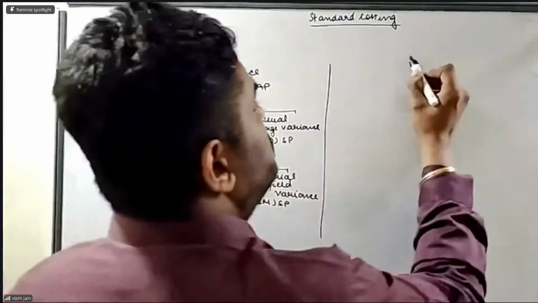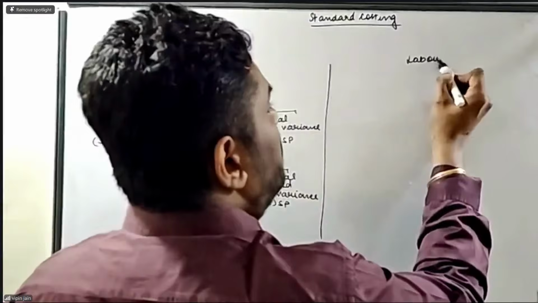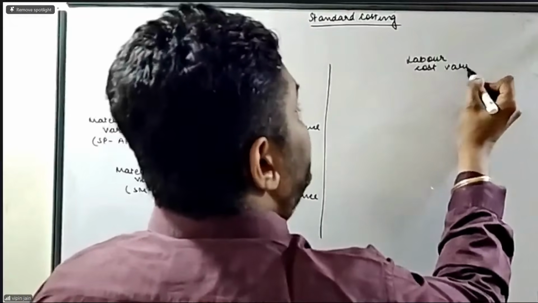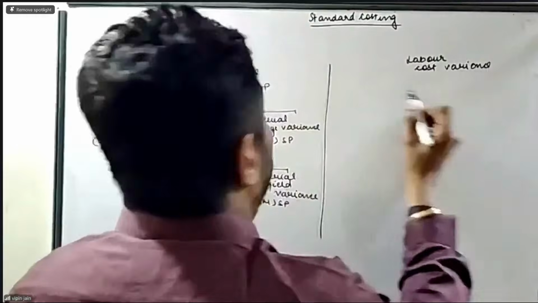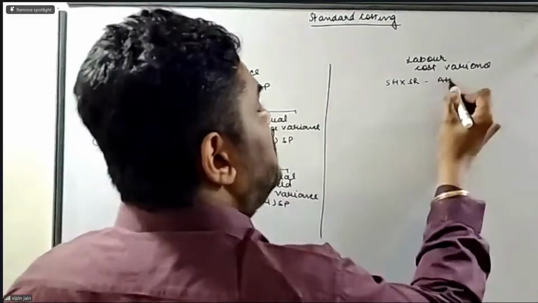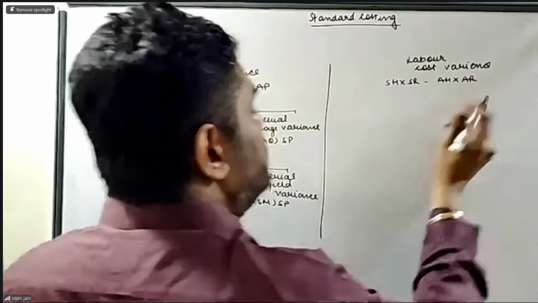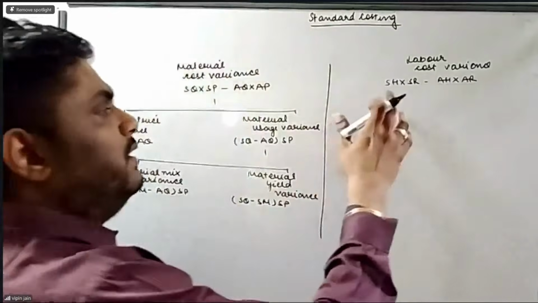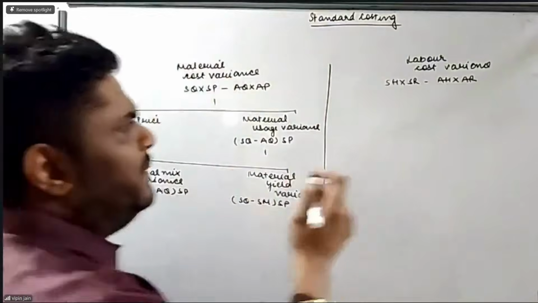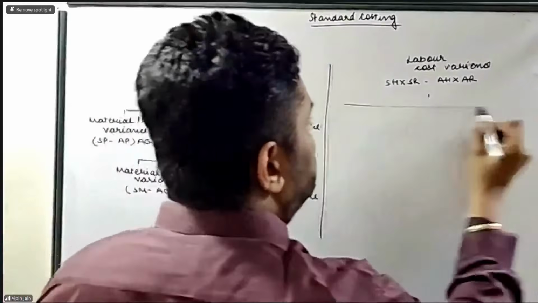Similarly, in labor also, just the same way, labor cost variance, and it was standard hours into standard rate minus actual hours into actual rate. So instead of quantity, it will be hours, and instead of price, it will be rate. Rest, there is no change.